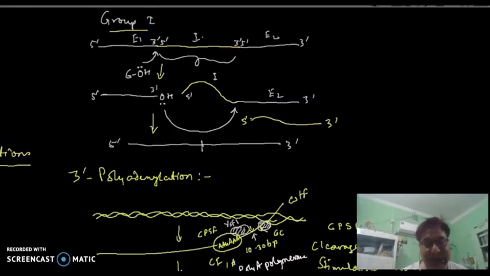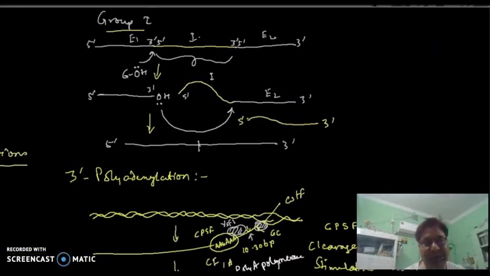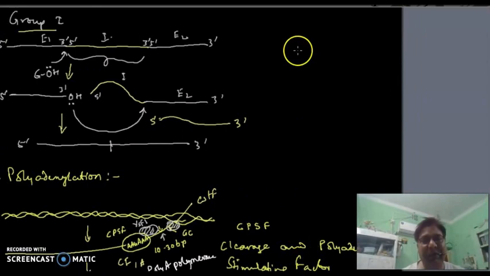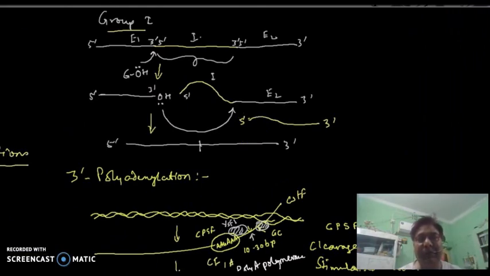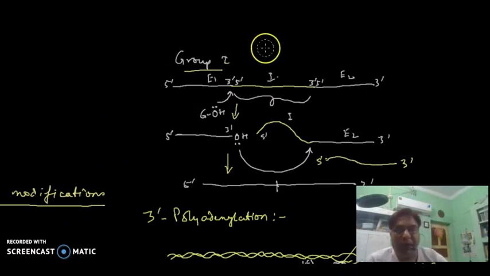Group 2 splicing requires an intramolecular hydroxyl group. So in case of group 2 splicing, let me do it over here. Time is running out, but I'll make it. Now coming to the group 2 introns. Group 2 introns occur in the mitochondrial genome in eukaryotes.